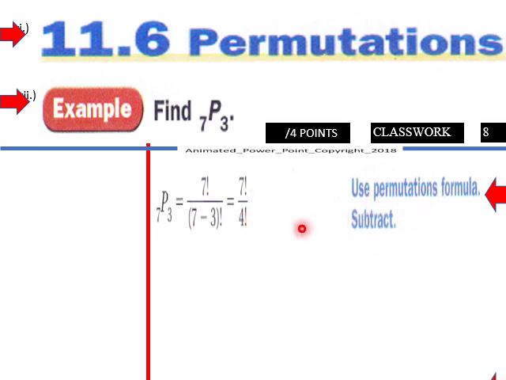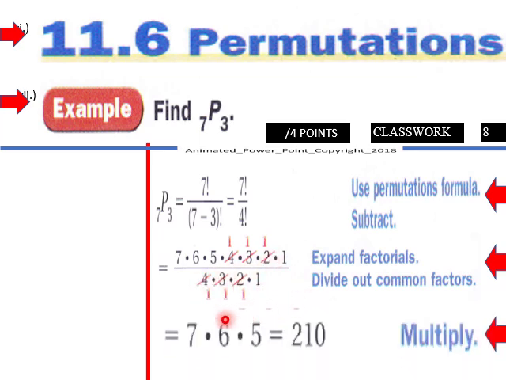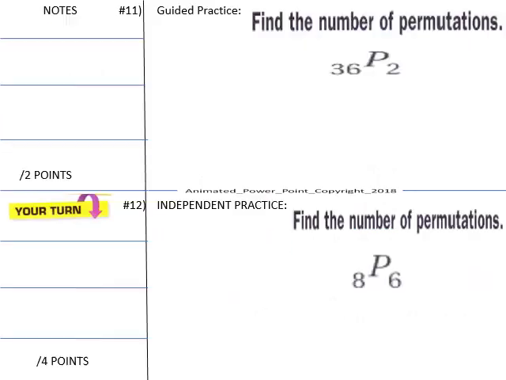This is your permutations formula. And then when you cancel out, you end up with 7 times 6 times 5 times 1 over 1. So you expand out your factorials and you cancel out here. And then you end up with 210. So 7p3 would be 210.